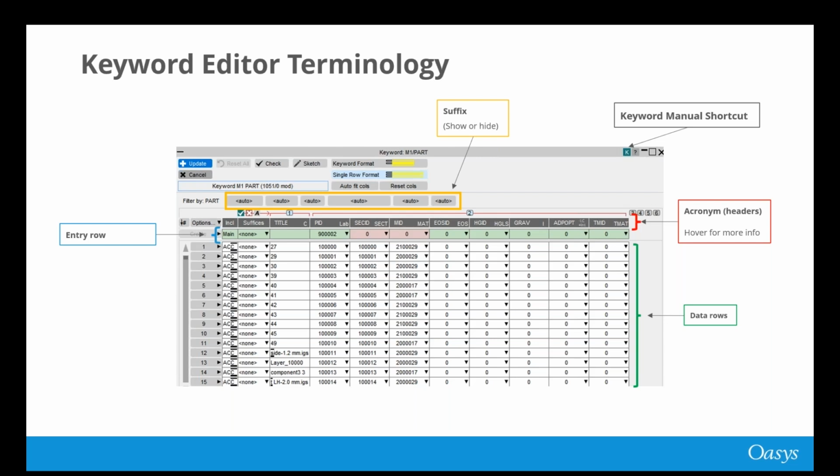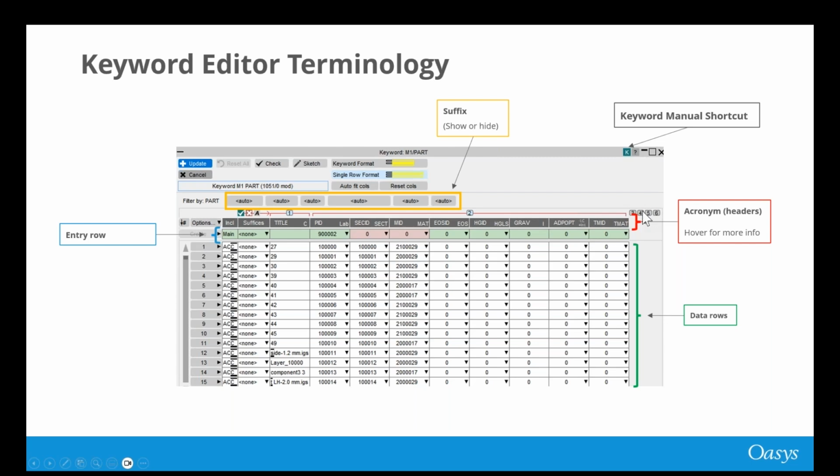For example, if you want to add things like part inertias or part contact, that's where you toggle that option on the suffix. On the top right, there is a K. That's the keyword manual shortcut. Whenever you need a little bit more help, pressing K in Oasys PRIMER will open up the keyword manual and link you to the particular page you're looking for.